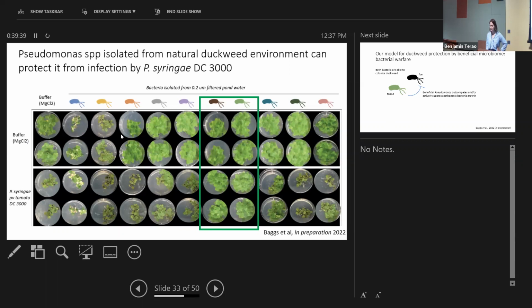And what you can see is that some of these isolates actually have different effects on duckweed, some of them may be beneficial, but there were 2 that gave a protective effect.